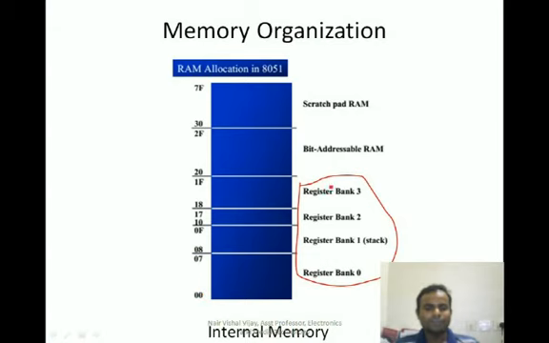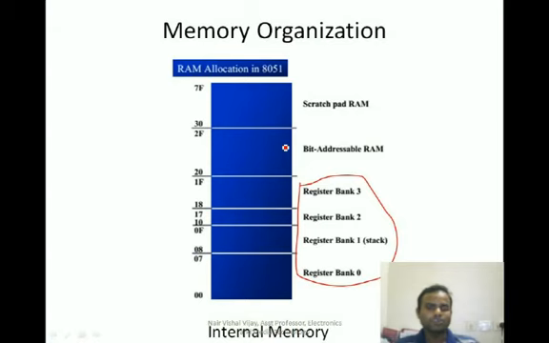And apart from these 4 register banks, you have another RAM area which is known as the bit addressable area, where each bit can be addressed specifically. This is for bitwise operations like clearing a bit or setting a bit, an operation which just requires one bit.